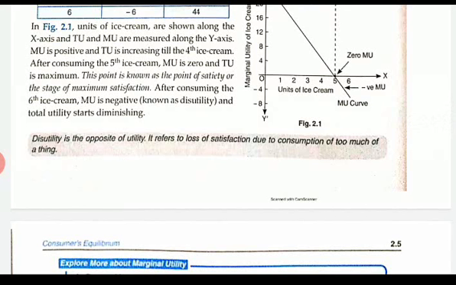So when MU goes to the negative axis, that is called disutility. It is the opposite of utility. Utility is the want-satisfying power, whereas disutility refers to the loss of satisfaction due to the consumption of too much of anything. So if you consume too much water, after the fourth glass you will have disutility.